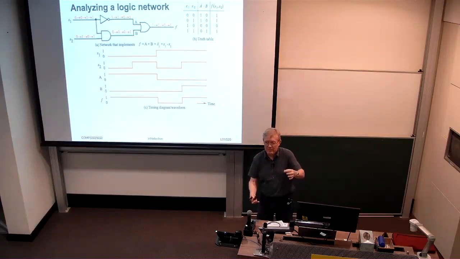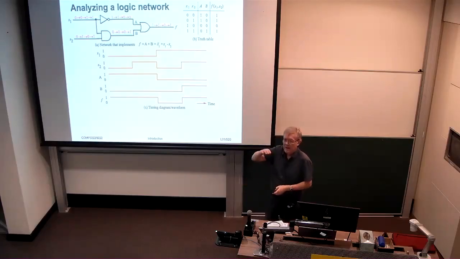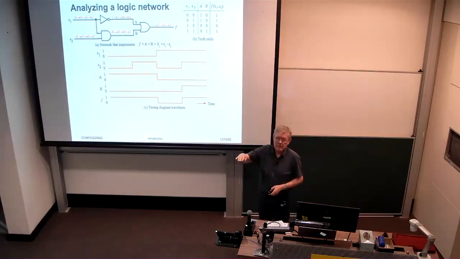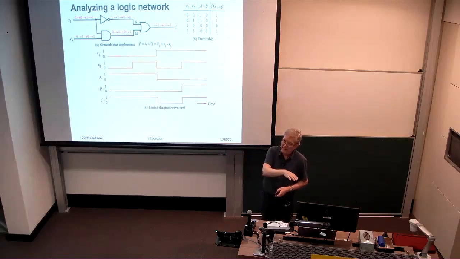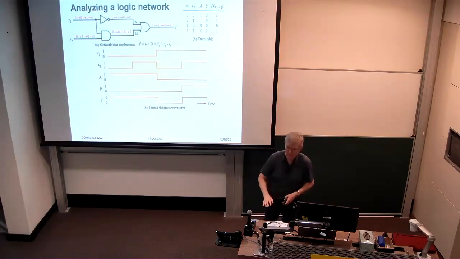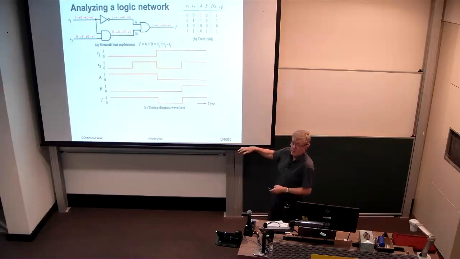You don't want to go over 2 to the n steps, so the easiest way to do this is to apply a signal of a given period to the first wire. Halve that period, or double the frequency, and apply that to the second wire. Double it again and apply that to the third wire, and so on. And that way you'll go through all possible values systematically, as we've done in this timing diagram.